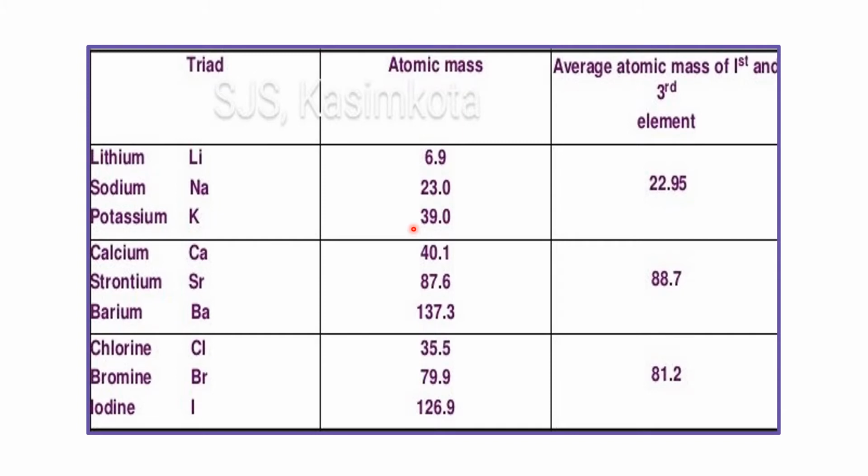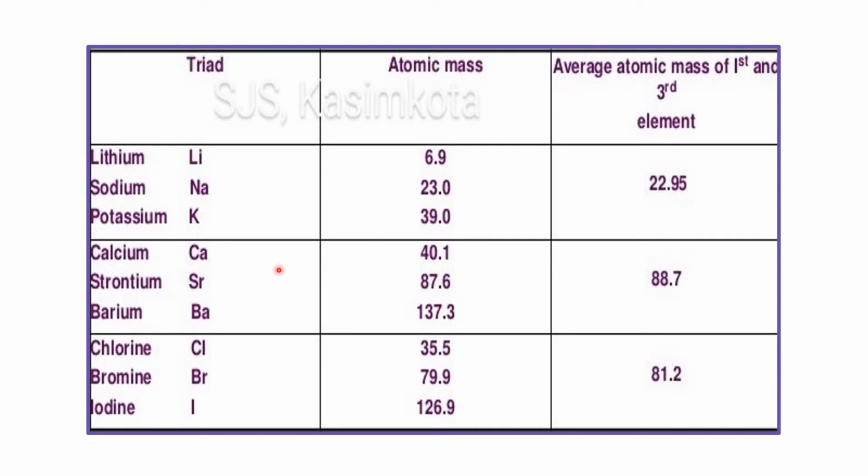So 39 plus 6.9 is equal to 45.9, divided by 2, which is equal to 22.95. So here it is almost equal to 23. Hence, the Dobereiner triad is verified.